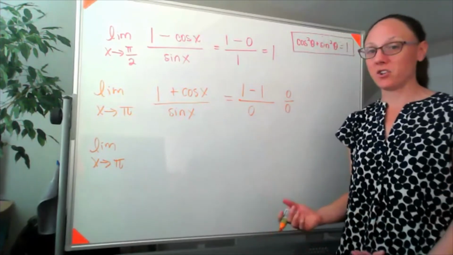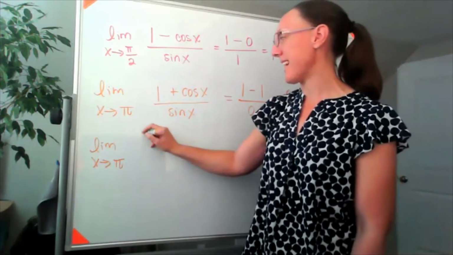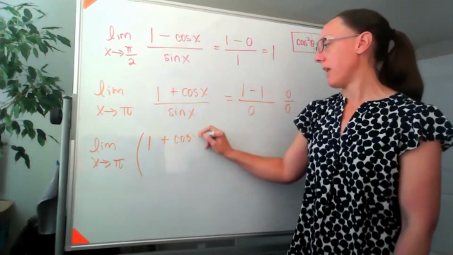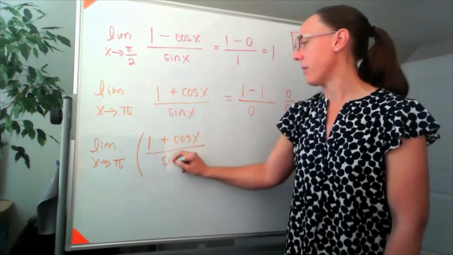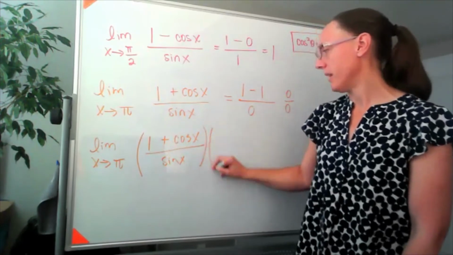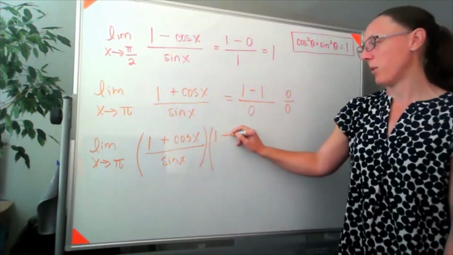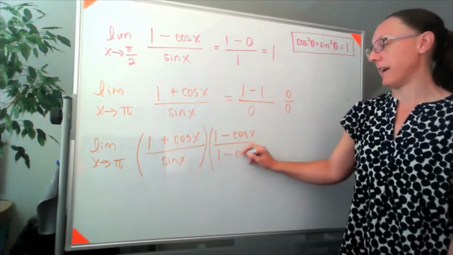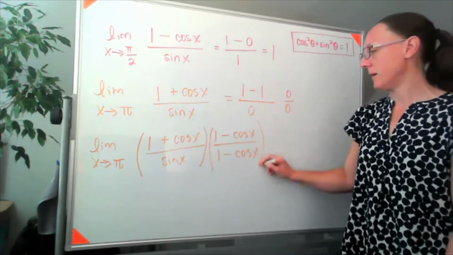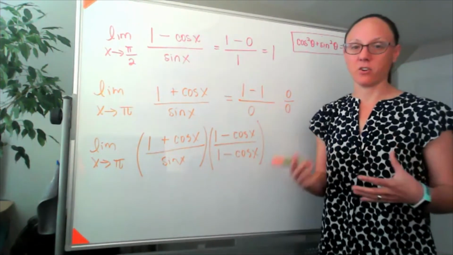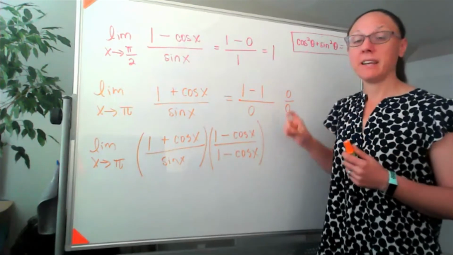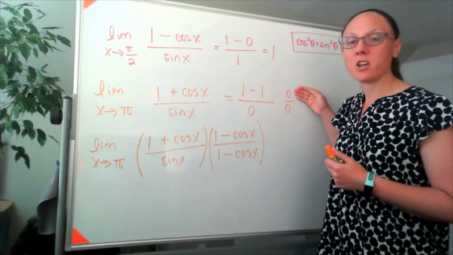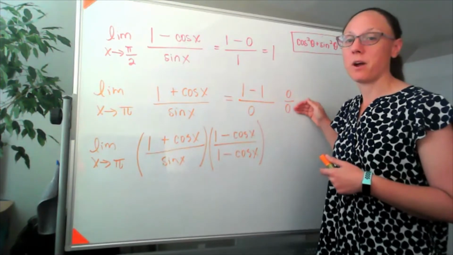But what I can do is multiply the entire fraction creatively by 1. And that multiplying creatively by 1 is going to look like multiplying by 1 minus cosine x over 1 minus cosine x. Now there's something kind of subtle here, and that is in terms of the 2 zeros that we got for the limit, the one on the top isn't a problem, but the one on the bottom is.